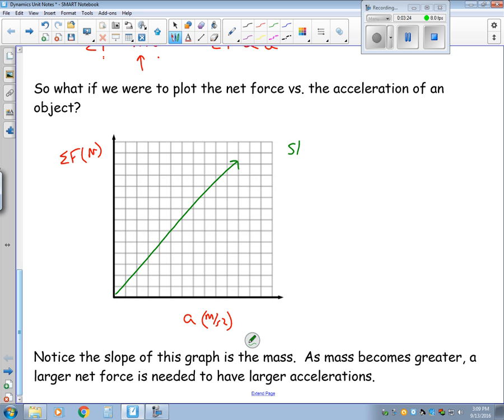The slope would have units of newton per meters per second squared, rise over run. A newton is a kilogram meter per second squared. So on a force versus acceleration graph, the slope would have units of kilogram, which is mass.